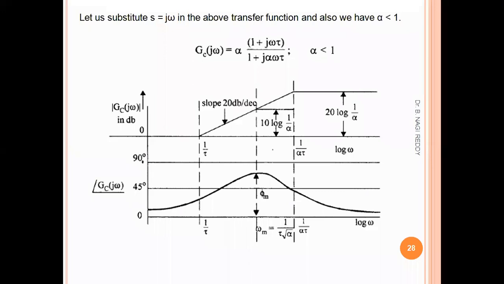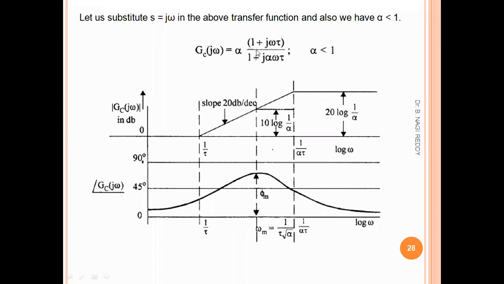So substitute S is equal to j omega in the given transfer function, so that GC of j omega, not S here, is equal to alpha into (1 plus j omega tau), or T, capital T, you may use capital T also, by (1 plus j alpha omega tau). Here the condition is alpha must be less than 1.